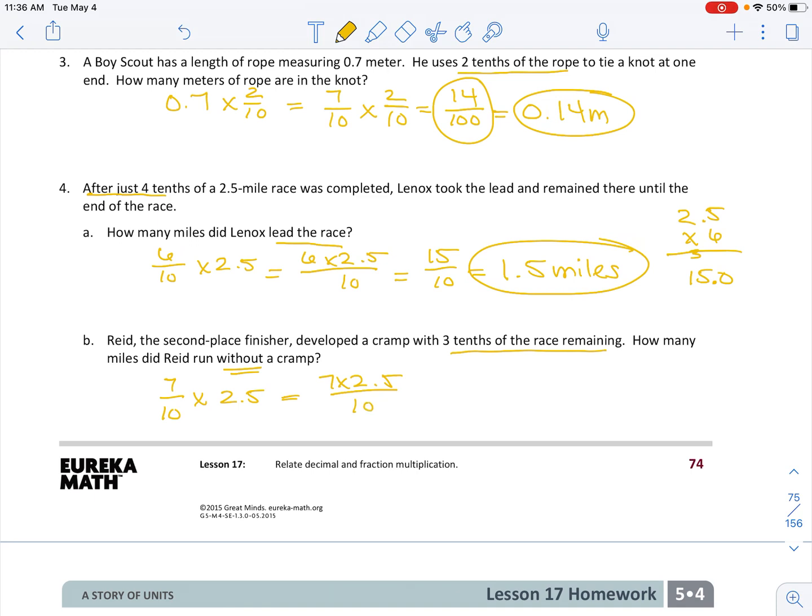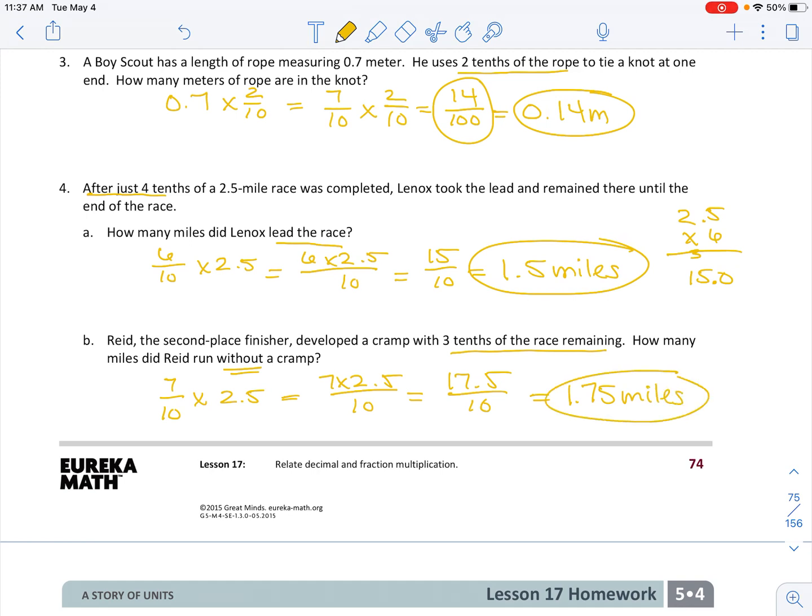So if 6 times 2.5 is 15, that means 7 times 2.5 is just one more 2.5, which is 17.5. And we get 17.5/10, which is the same as 1.75.